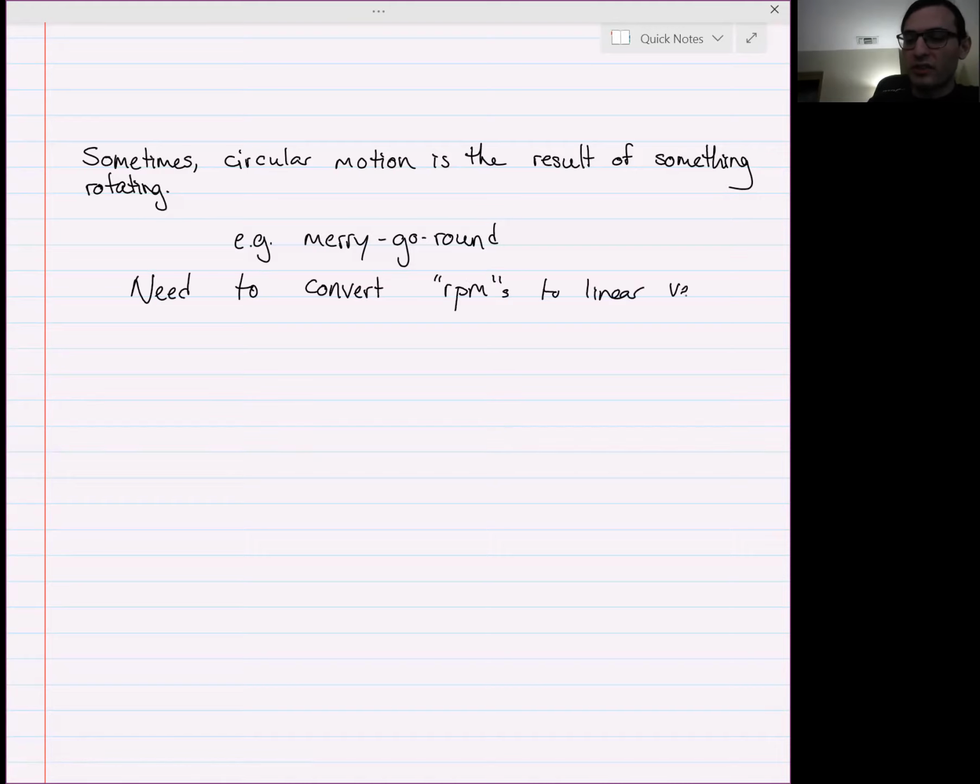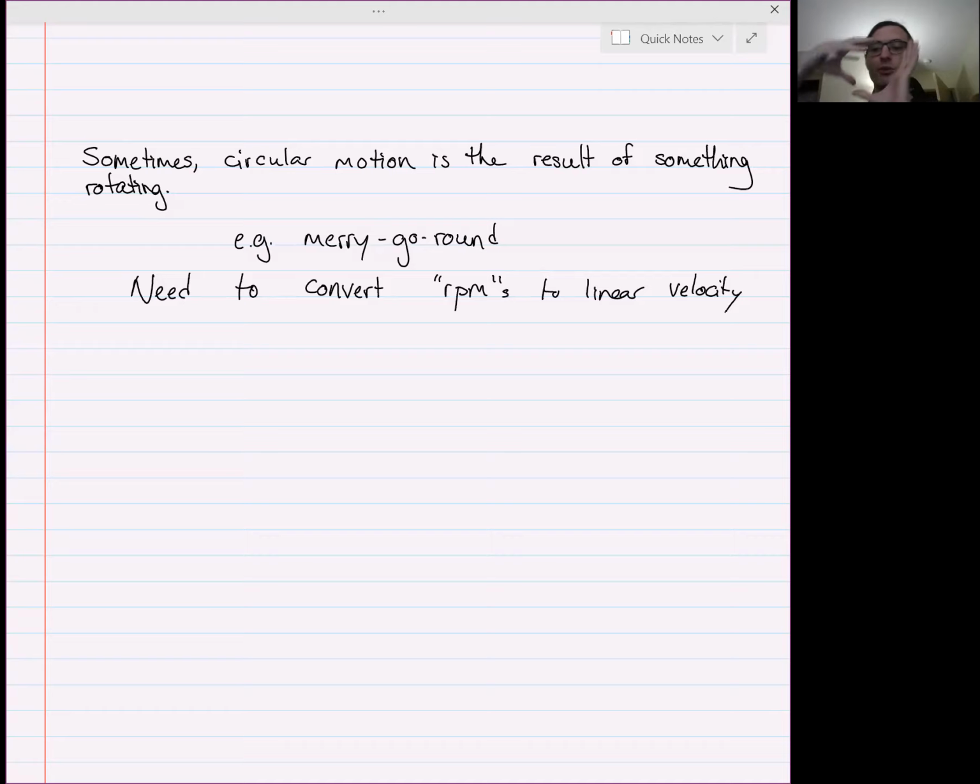The formula we had last time on Wednesday was that the magnitude of the centripetal acceleration, a sub c, was v squared over r, and that v was the linear speed, more precisely, of the thing that was going in a circle.